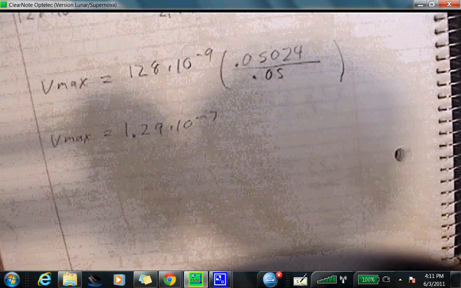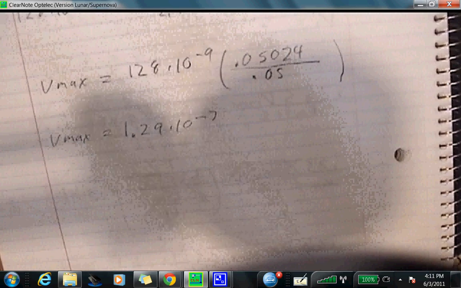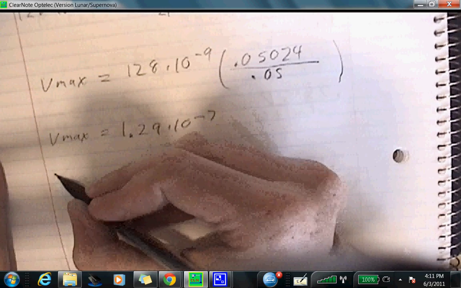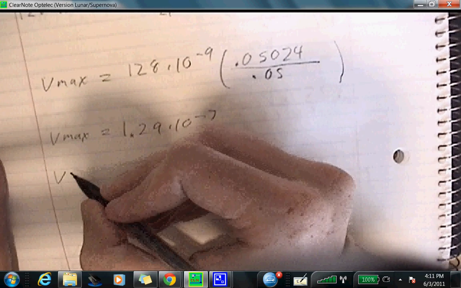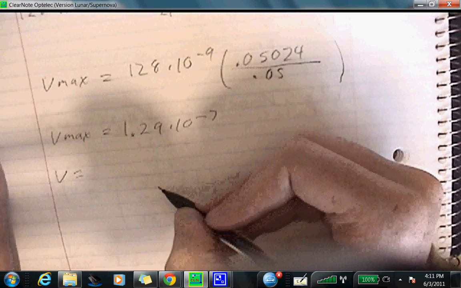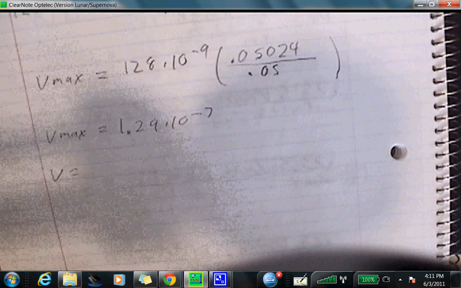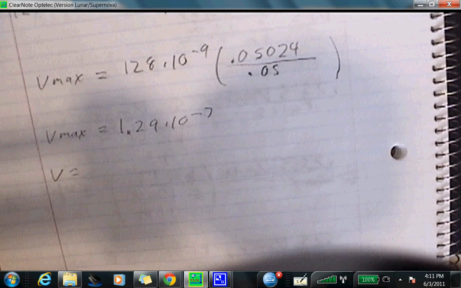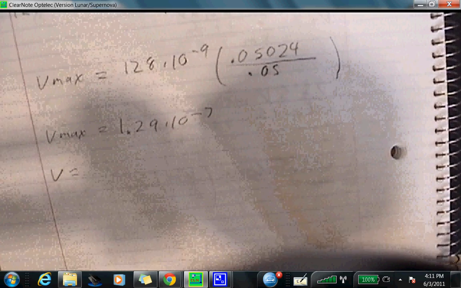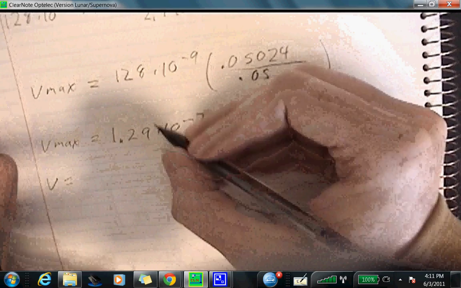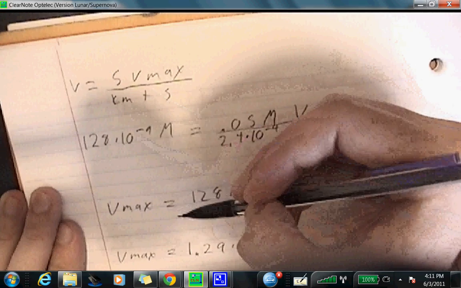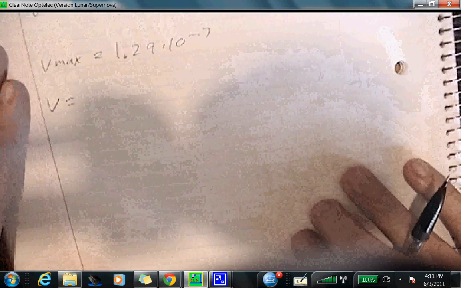Now, A through E are asking for all the velocities at certain concentrations. For number A, the one I'm doing, the concentration they give you is 2 times 10 to the negative 7th. All we're going to do is go back up, take this equation, and plug it in.